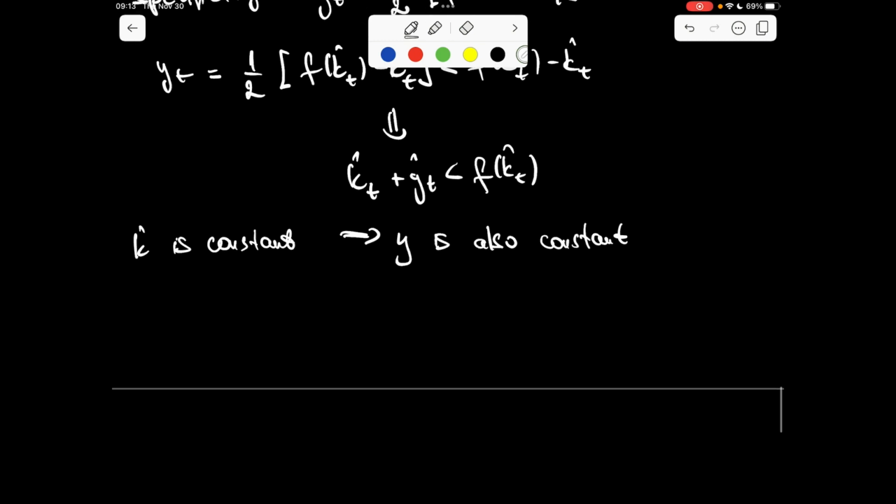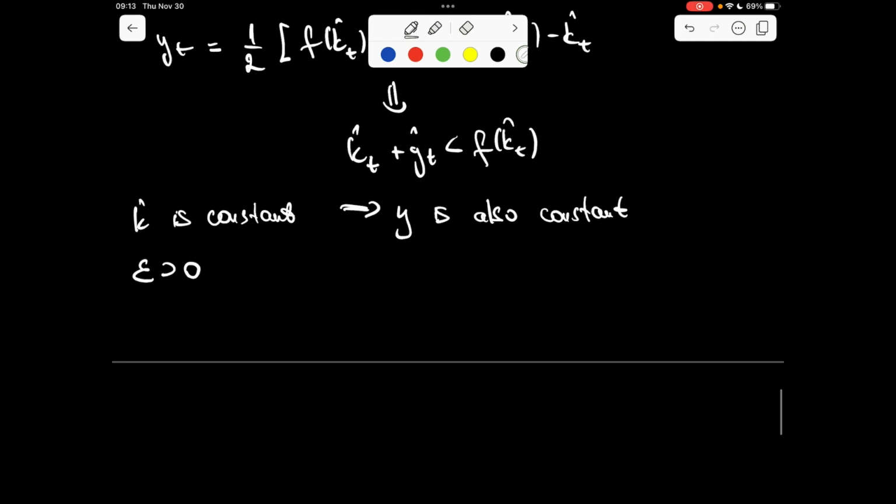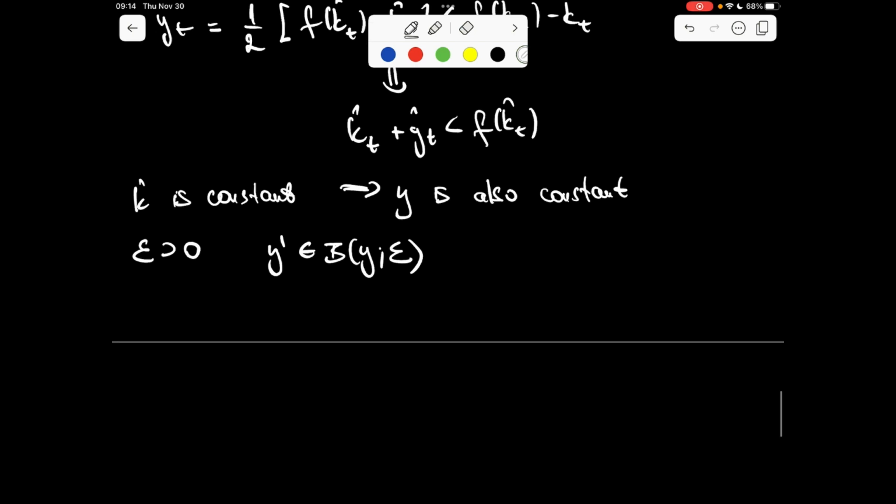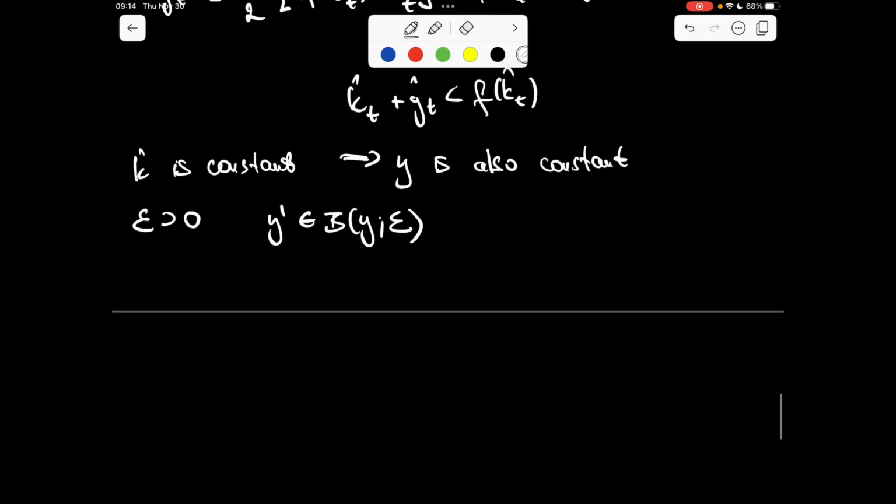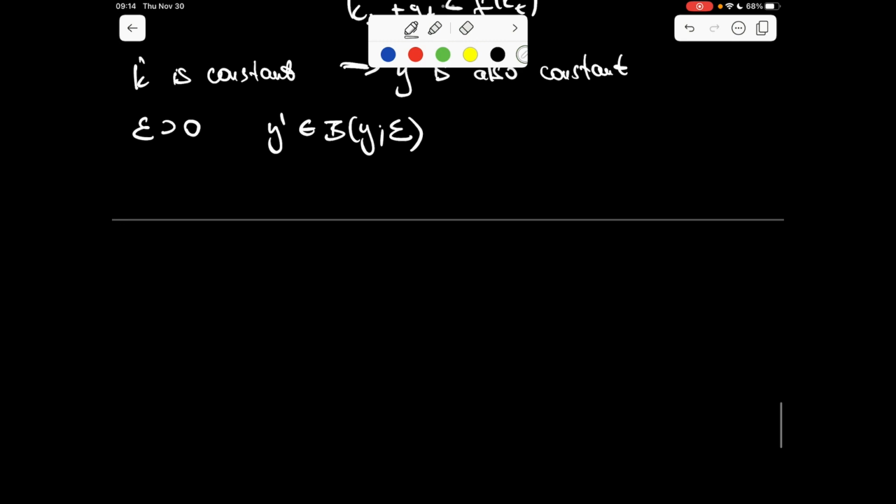So we need to find an appropriate, strictly positive number such that every other production path is in the epsilon ball around y. Okay, so this is the idea.